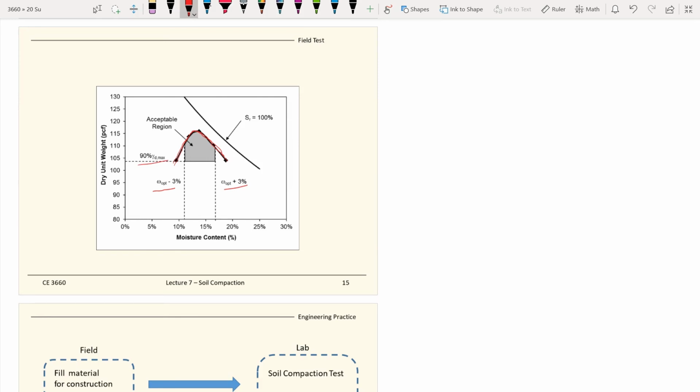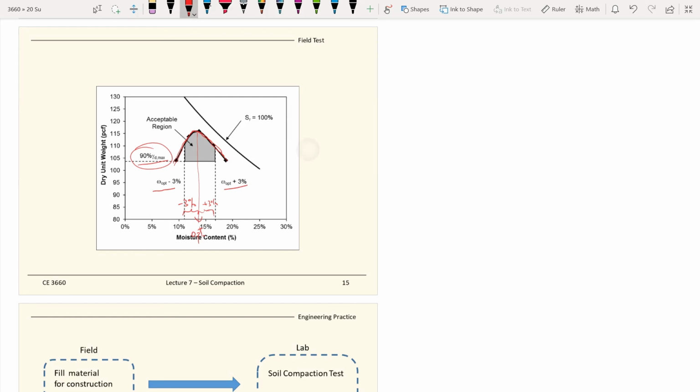So this is the optimum water content. And this is the plus 3% now, and this is the minus 3%. So if you go back to the compaction curve, you got a window right there. And then you also cut off from the maximum relative density you want to get to.